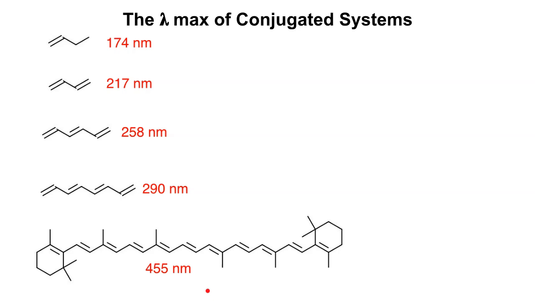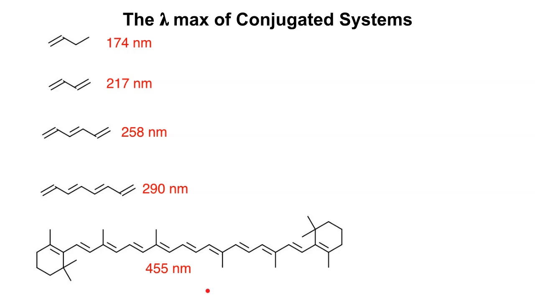When we start looking at conjugation, as conjugation increases, it's going to increase the wavelength where we see the absorbance. And because of that, it's also stating that the energy between the HOMO and the LUMO is decreasing. There's a smaller and smaller energy jump that has to be accomplished as this number is climbing up. Because remember, as we go along the electromagnetic spectrum, the wavelength is inversely proportional.